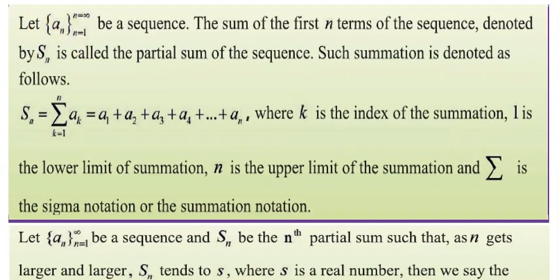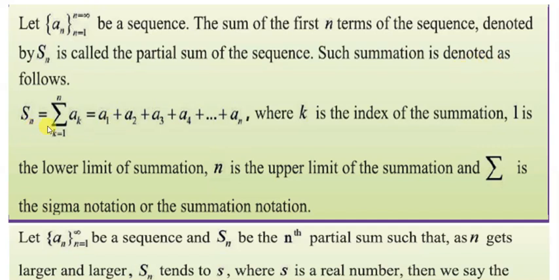Suppose this is a sequence, with n running from 1 up to infinity. The sum of the first n terms of this sequence is denoted by Sn, and this Sn is called the partial sum of the sequence. Such summation is denoted using the sigma notation.